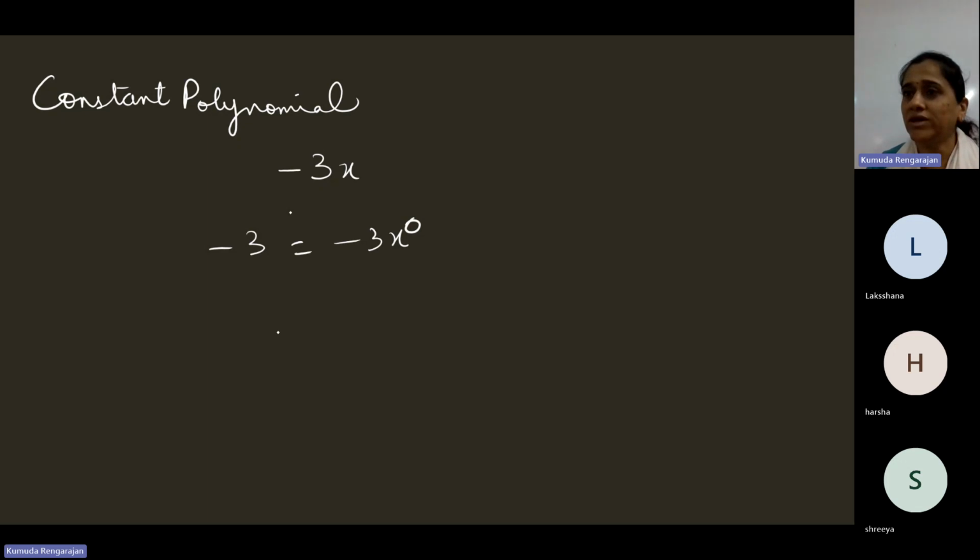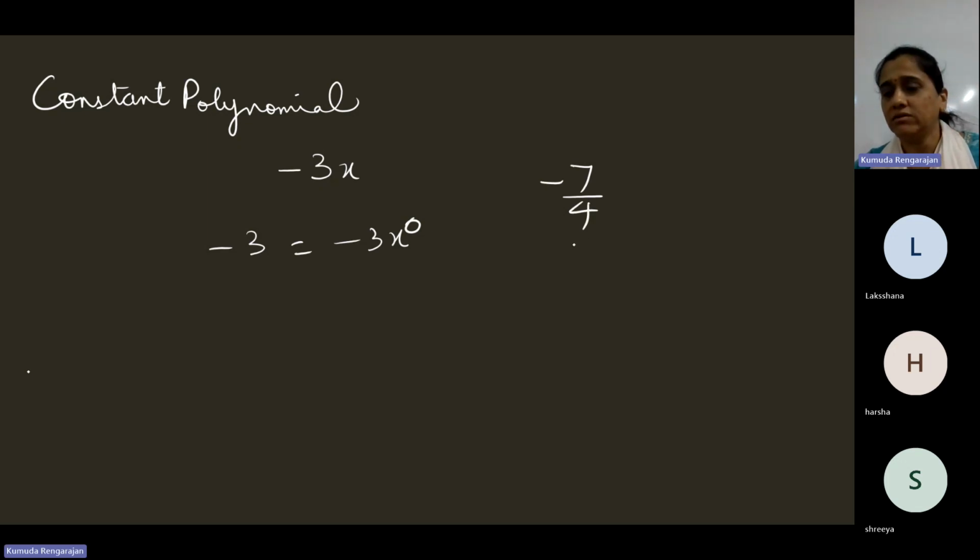Why are we introducing the variable? Because we want to identify the degree of this polynomial. To identify the degree, there should be a variable, because with the help of its power, we can identify its degree. I'll give another example, say -7 by 4.